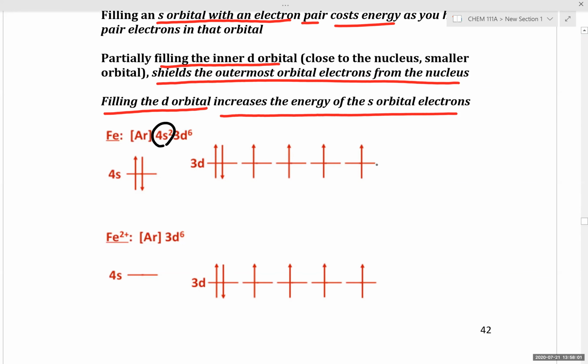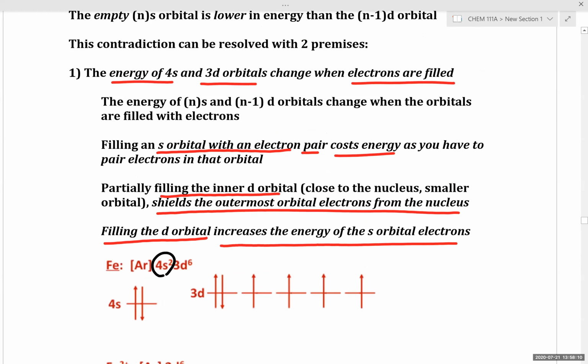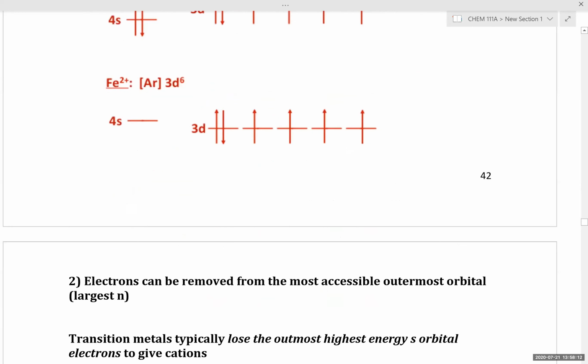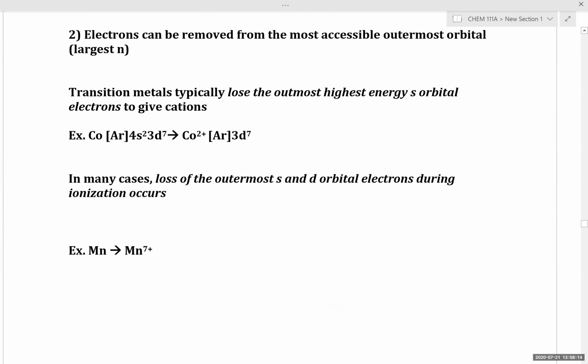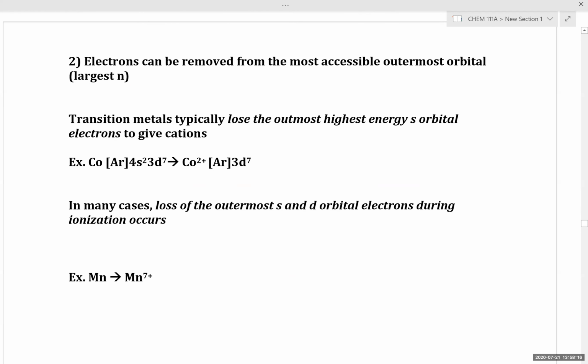Now, again, this relative energy between the s and d orbital electrons varies depending on the element. The other way that I like to think about this idea in ionization is that electrons can be removed from the most accessible outermost orbital.